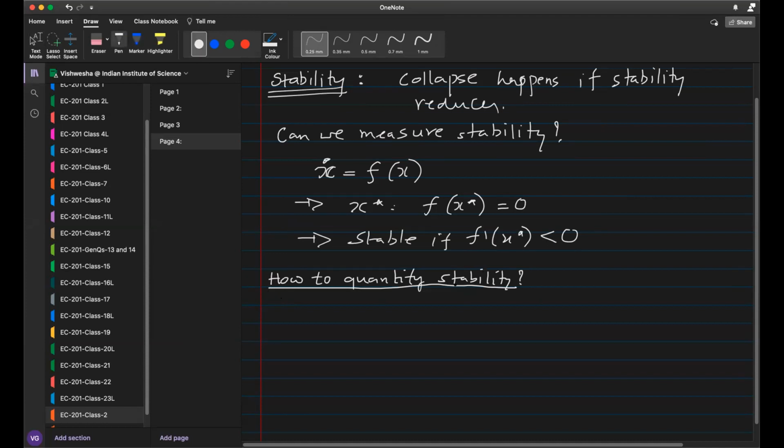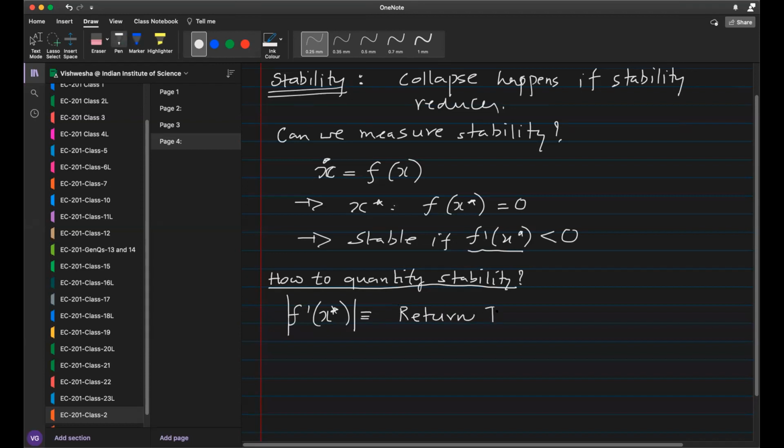But let's think about stability using this concept. Remember, what's the meaning of this? It actually measured the modulus of this. It actually told us the return time to equilibrium.